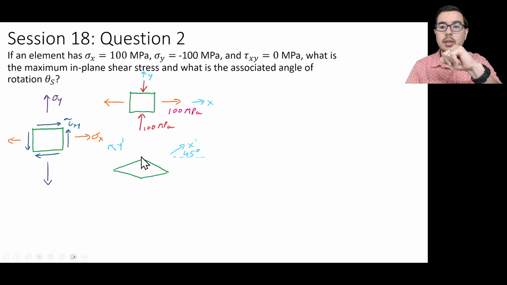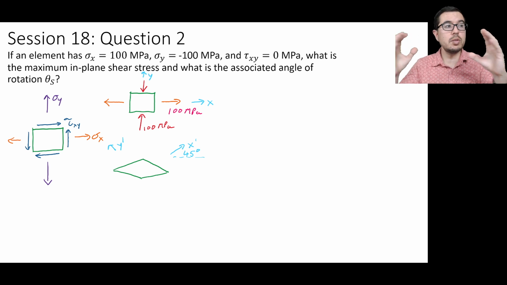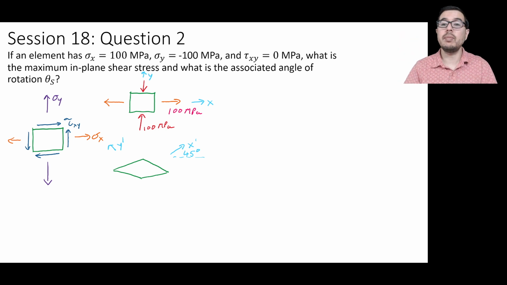You would see that the compressive stress in the y direction is in fact squishing the element. And you would see that the stress in the x direction in tension is in fact elongating the element. And in the x prime y prime reference frame, what would we be able to put on this element to cause this type of distortion?